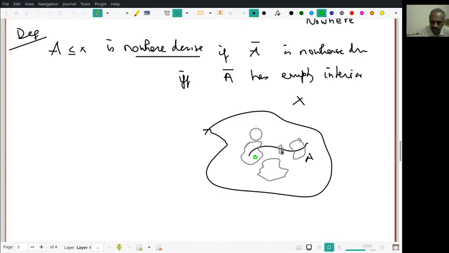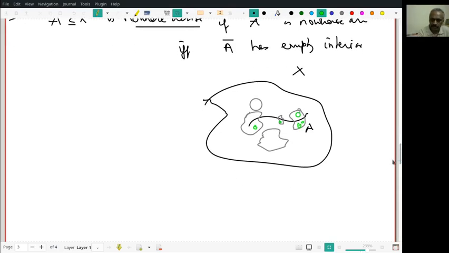But here it intersects A, yet I can find a small non-empty open set contained in the set which does not intersect A. For example, here. This is the equivalent definition, and the equivalence is also proved in all four of my references. You can look at it, but it's not important for what we are going to do. But this builds your intuition.